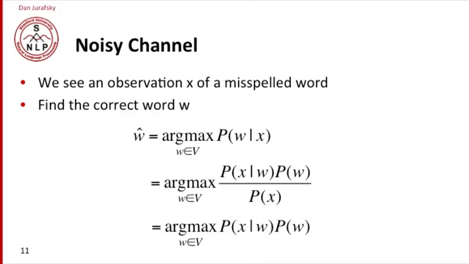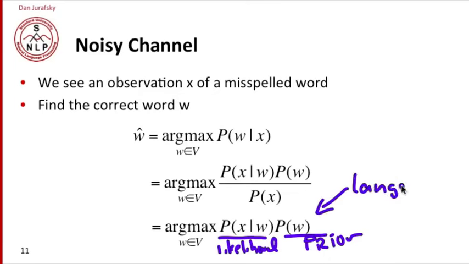So that means that the noisy channel model comes down to maximizing the product of two factors, the likelihood and the prior. We generally call this term the language model.